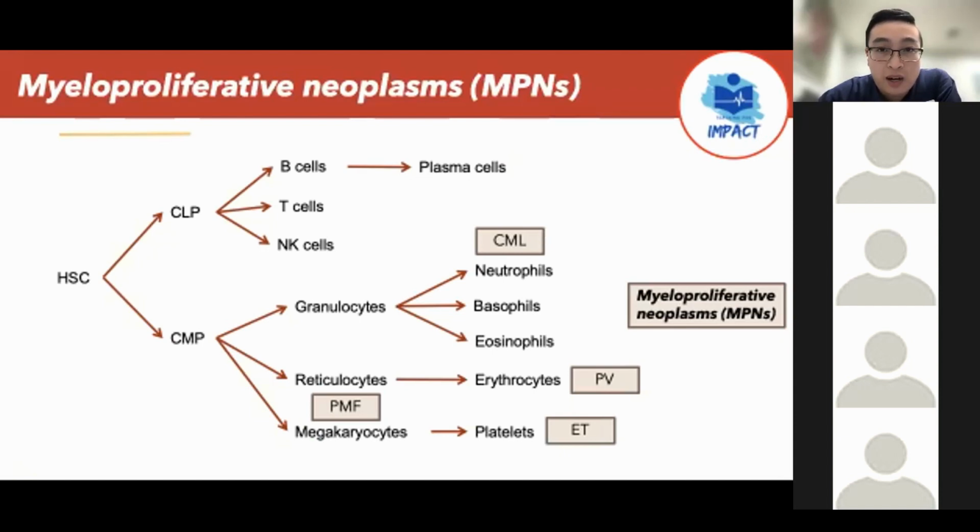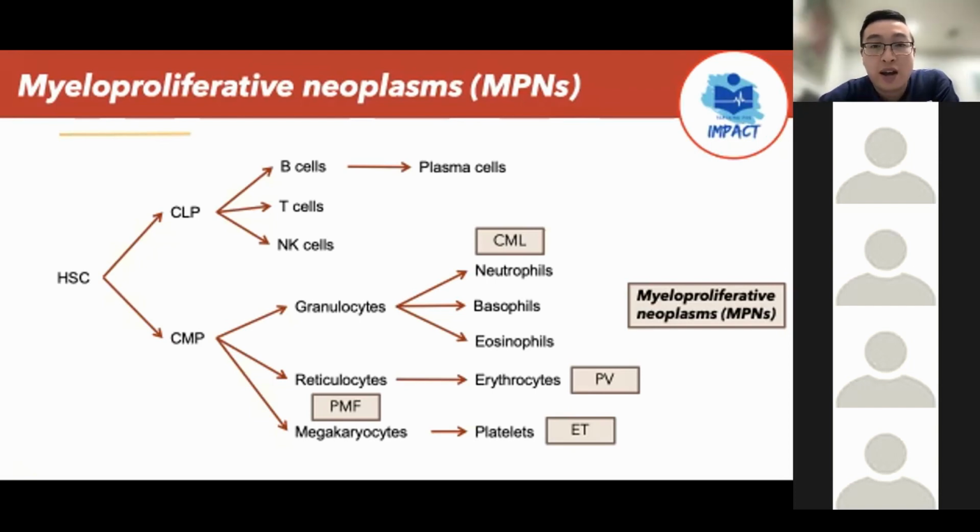The second grouping that I want to talk about is myeloproliferative disorders or myeloproliferative neoplasms, and this is just a name that corresponds to all cancers arising from terminally differentiated myeloid cells. So if you have a terminally differentiated myeloid cell causing cancer, automatically it gets classified under an MPN, so myeloproliferative neoplasm.